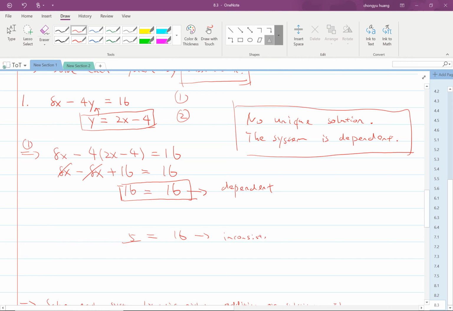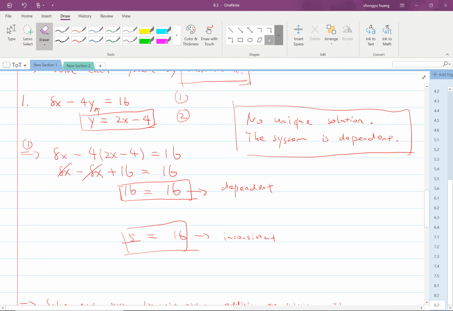But if you get something like 16 equals 16, that means they are on the same line, which is why you get the same values. All the points are on one line, so it's dependent. If you get 5 equals 16, the values are different, it's like they are separated, and separated means it is inconsistent.